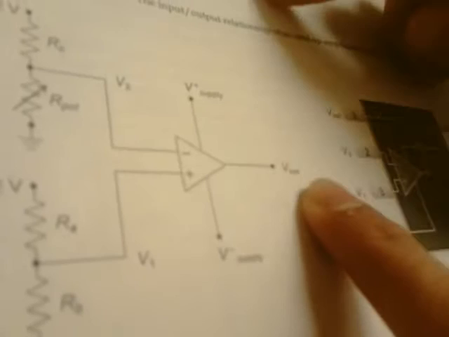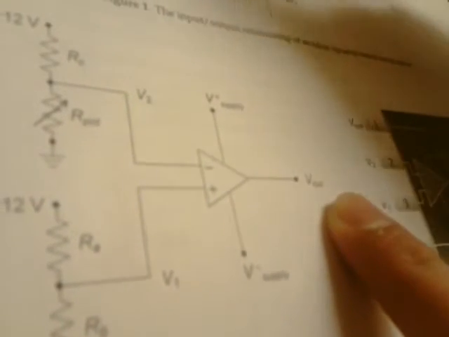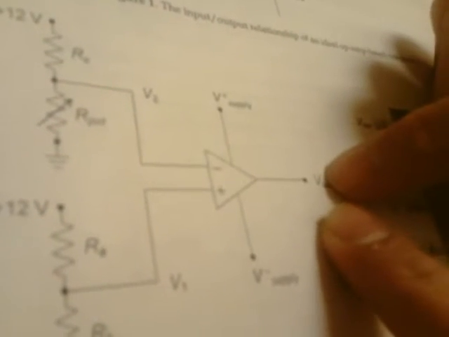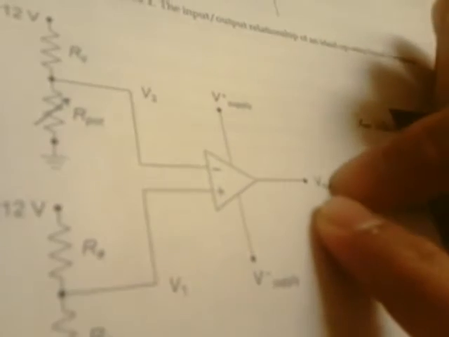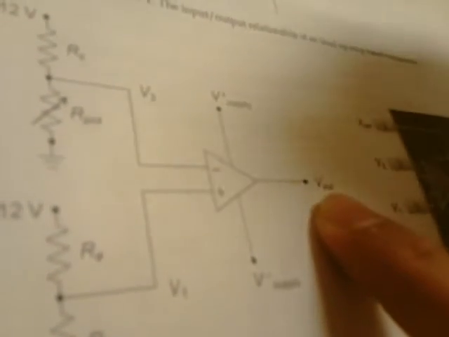When this resistance changes due to light, it changes this voltage, and that determines whether V out is V minus supply, which would be 0, meaning the light bulb doesn't turn on, or V plus supply, a higher number, which would make the light bulb turn on.